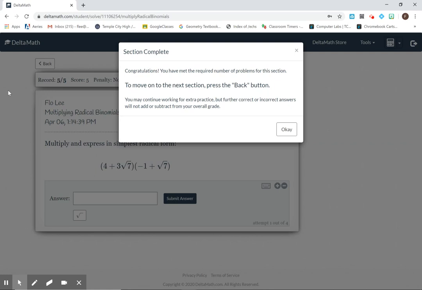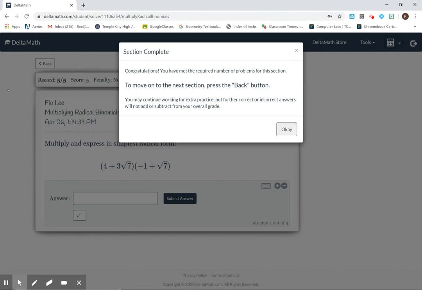To move to the next section, press the back button. It says back button. You may continue working for extra practice, but further correct or incorrect answers will not add or subtract from your overall score. So now that you've completed 5 correct problems, you can keep going. You can practice 6, 7, 8, 9, 10, 12 problems, but it's not adding to your score, right?